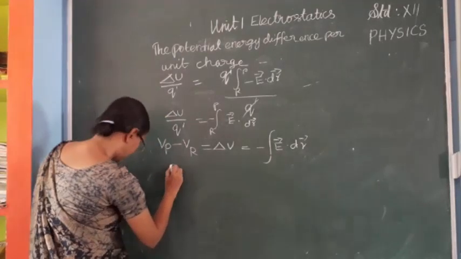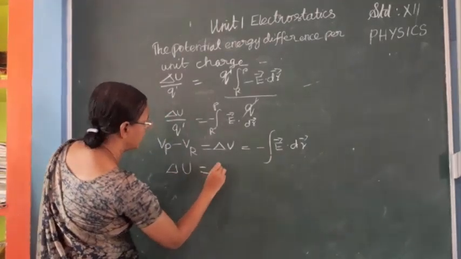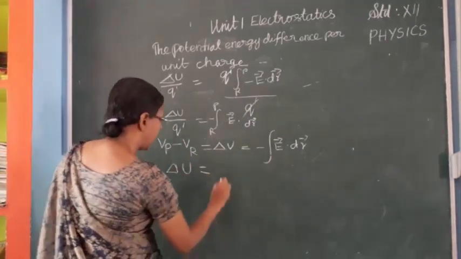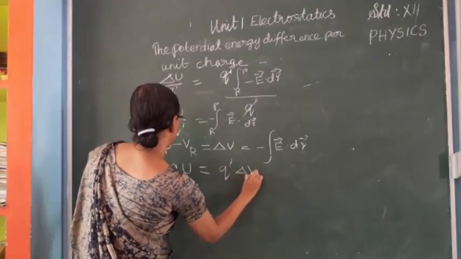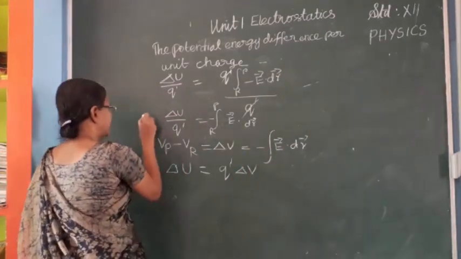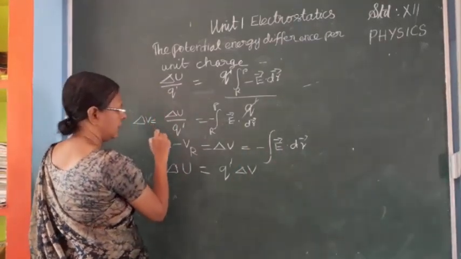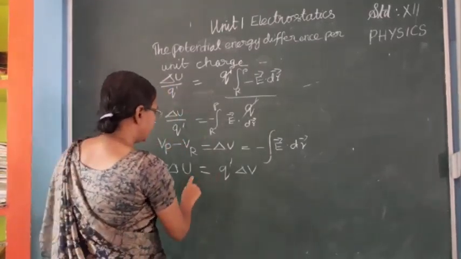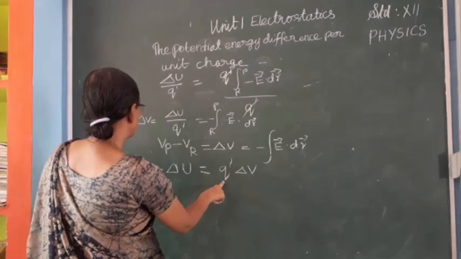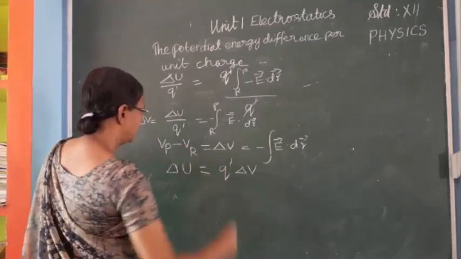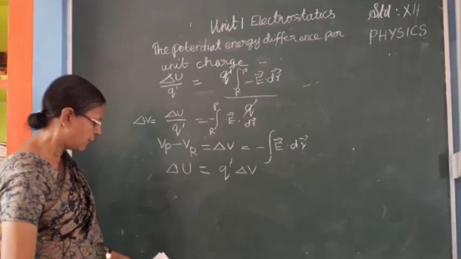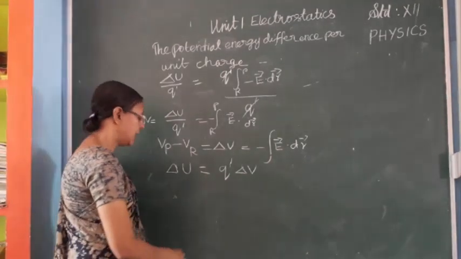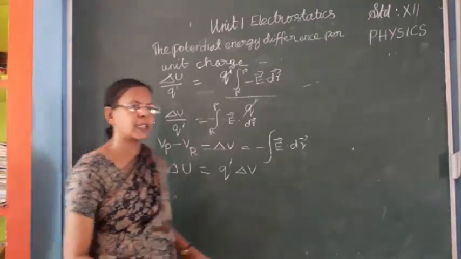So del U is equal to Q dash into del V. This is the formula for the electrical potential difference.